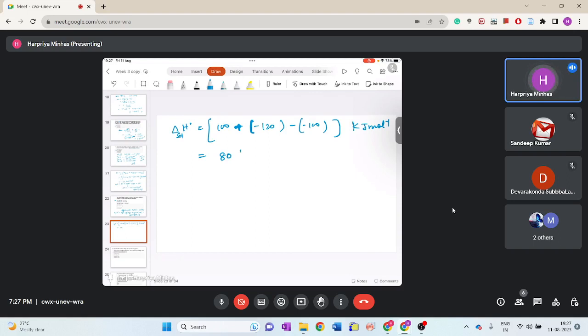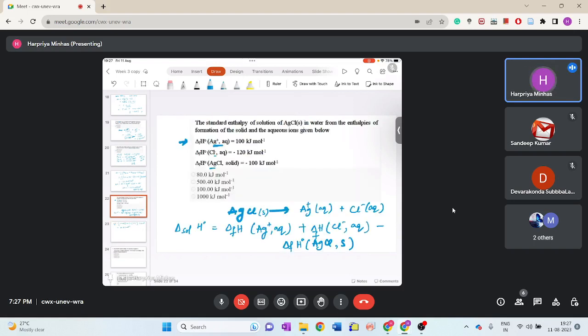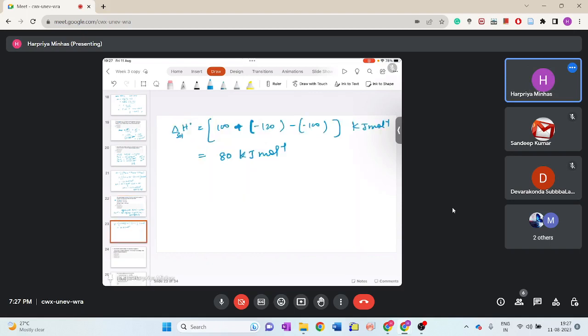After calculating all, you will get 80 kilojoules per mole, right? So our option is A. Option A. So everyone getting 80 as your option A as the answer.